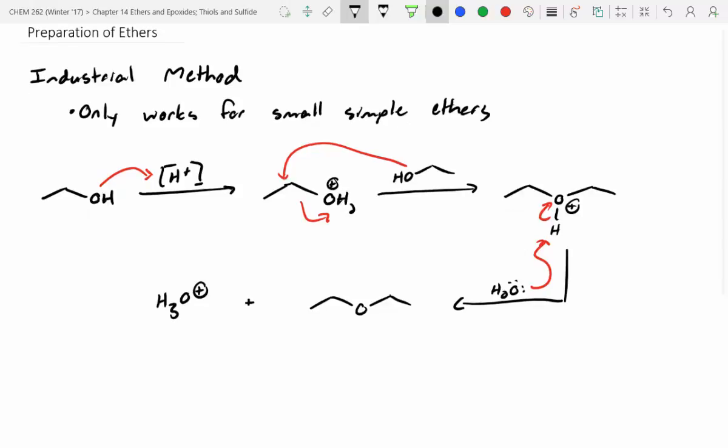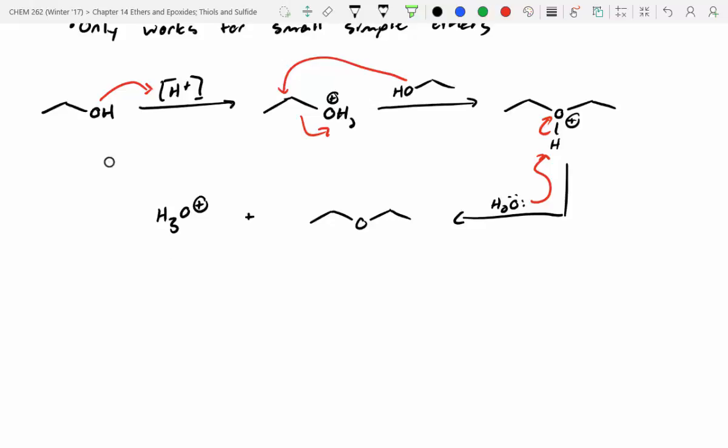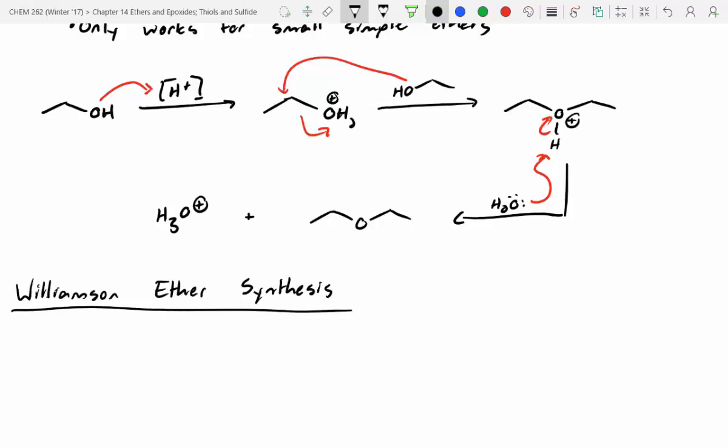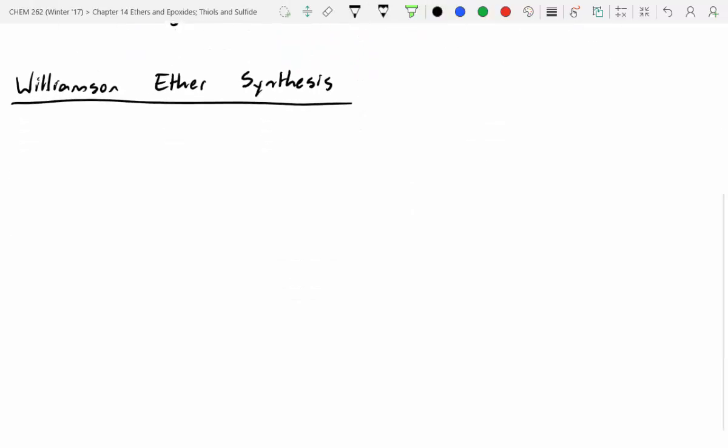The other method that's used is the Williamson ether synthesis. And this one you guys actually know, but we're calling it a new fancy name now. And that is, if you've got some sort of alcohol, just treat it with a strong base like sodium hydride.